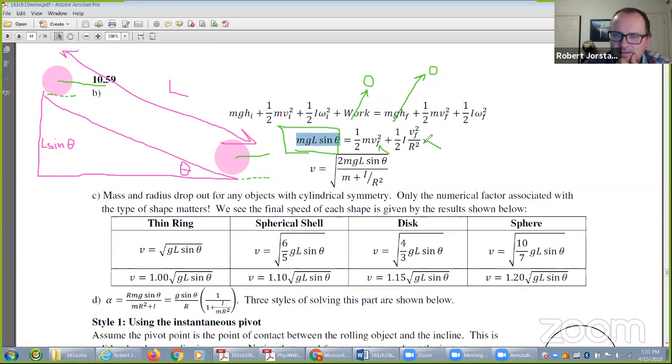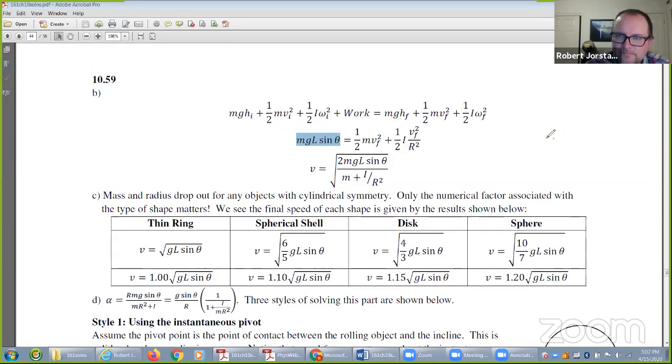This is the rotational energy. Everybody watch out for this one. There's this 1/2, and then there's I. And remember that a lot of times the I has a fraction in it as well. A lot of times people forget and just say the 1/2 out front and then forget the fraction for I. I has a fraction too.